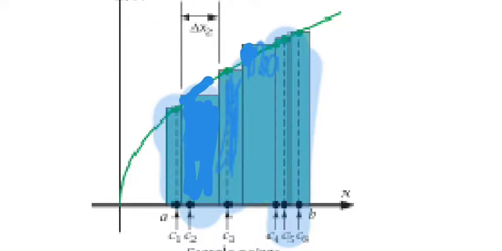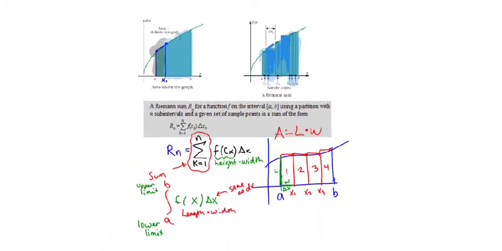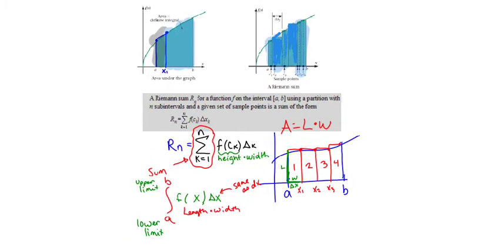And this one will be an overestimate because most of it is above the graph. So if you do this, you're sometimes going to get overestimates, underestimates, and we're also going to be using a third type, which is a midpoint.